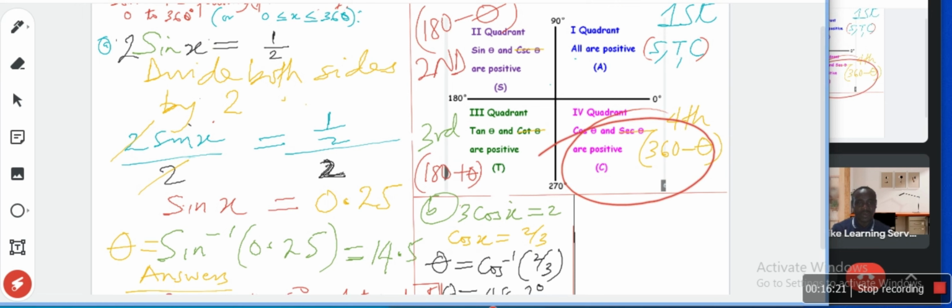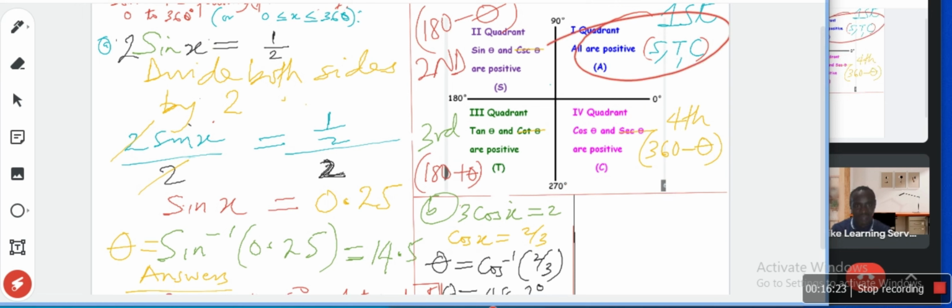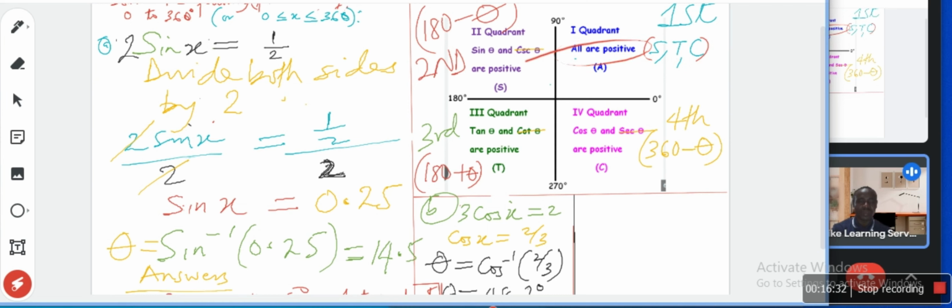The fourth, and of course the first, where everything is positive. In the first, sine, tangent, and cosine are all positive, because it says all are positive. By the way, there is a simple way to remember this. You can use this mnemonic: All Students Trust Cambridge.